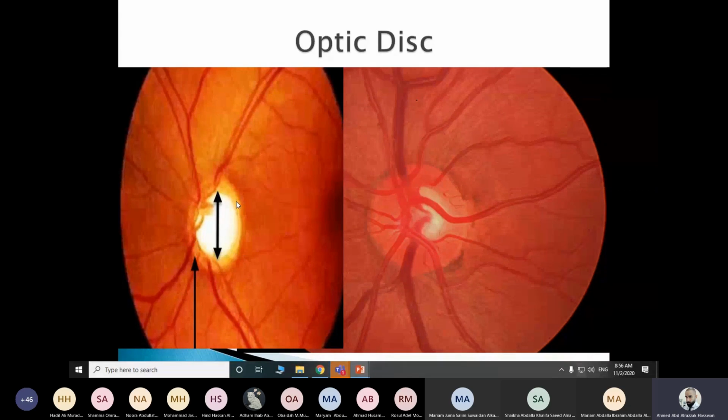So if we have a large central cup, it means we have fewer retinal fibers forming the optic disc, so fewer nerve fibers or nerve cells. What does that indicate? It indicates that we have retinal atrophy or death of the retinal body cells, and hence their axons and nerve endings.